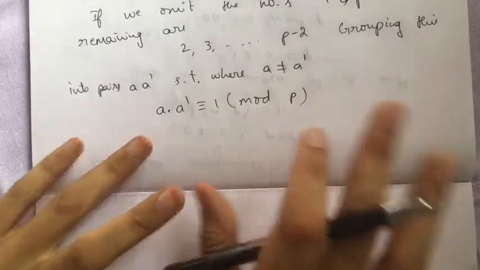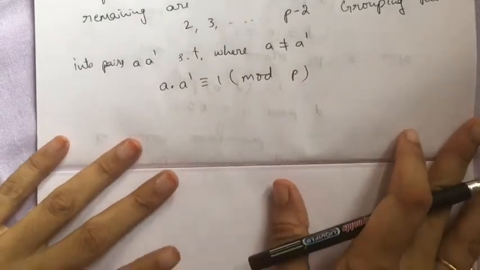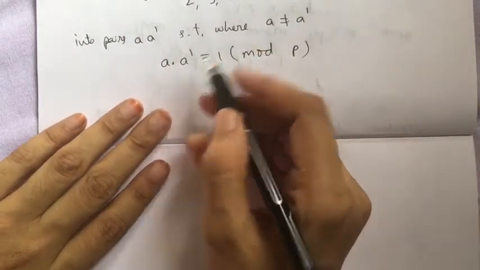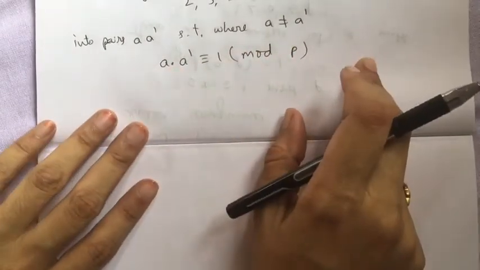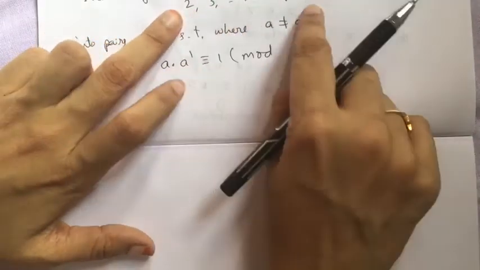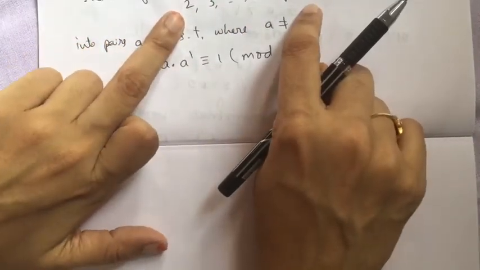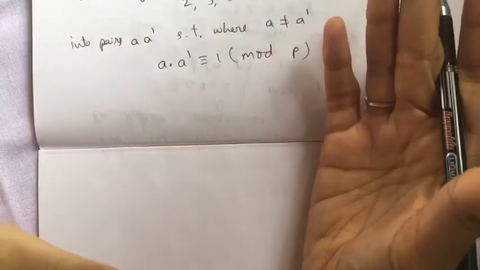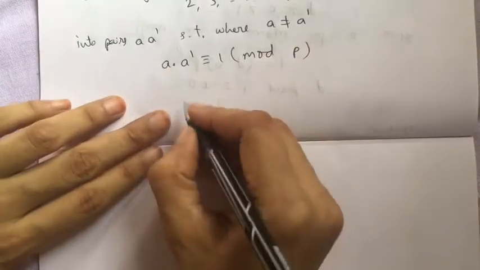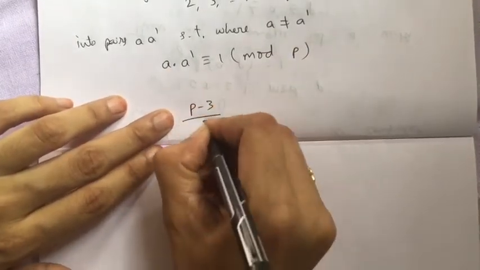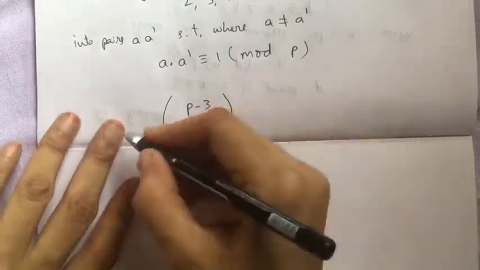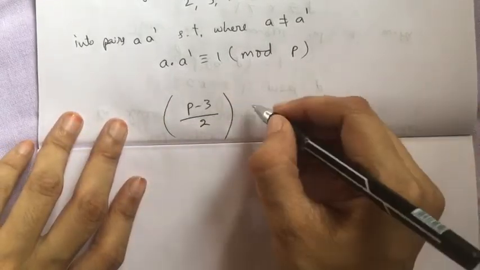I'll explain this with an example, and at that time you'll understand. Now I'll complete the proof. When this happens, 2 to p minus 2 numbers are there, and I am taking 2 at a time. So how many such pairs will arrive? (p minus 3) by 2 congruences will arrive, right? These congruences I am multiplying together.